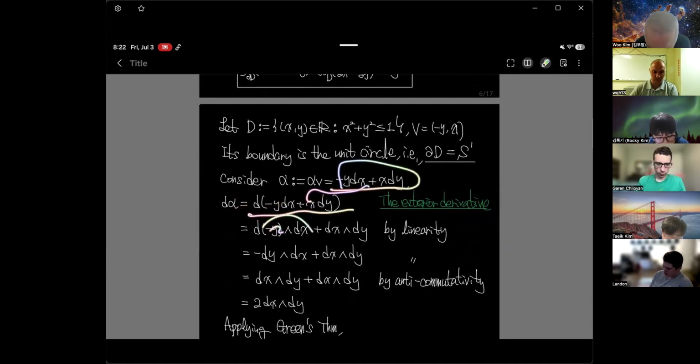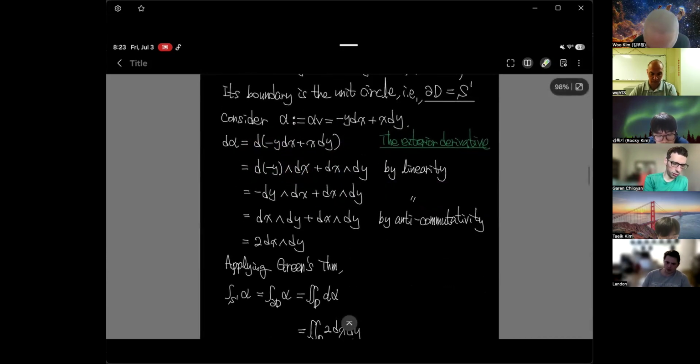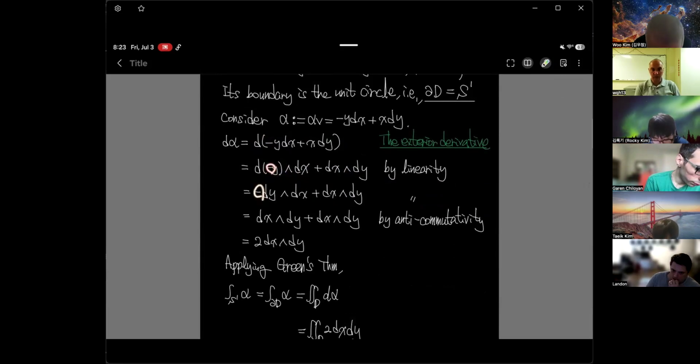We can just distribute and expand with the wedge product. d of minus y dx plus x dy became this part: d of minus y wedge dx. Yeah, this part, in between the wedge product. Okay, and then this scalar multiplication of minus one, we can factor out.